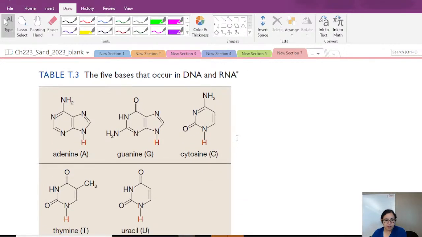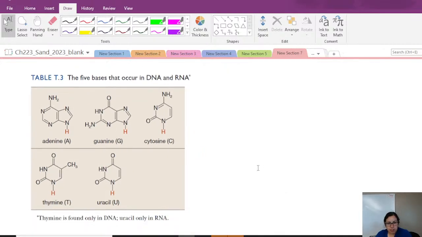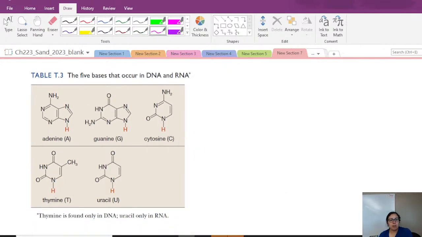You may be aware, since I think many of you have taken lots of bio courses, these are the 5 bases that occur in DNA and RNA: adenine, guanine, cytosine, thymine, and uracil. Thymine is only found in DNA, and uracil is only found in RNA.